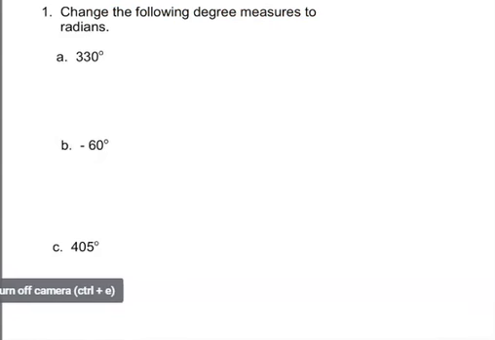So if I want to convert degrees to radians, I'm going to use that proportion that we were just looking at, which is degrees over 180 equals radians over pi. So I want to make sure that I put degrees over degrees and radians over radians.